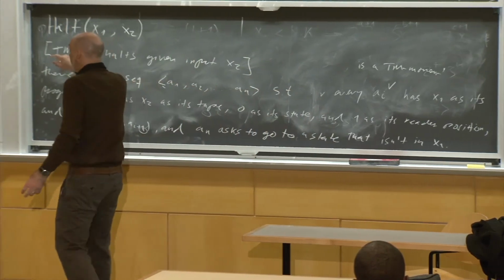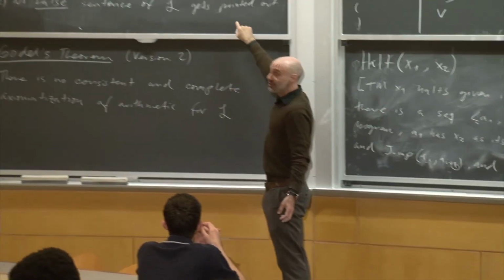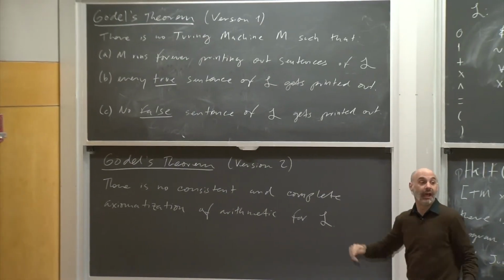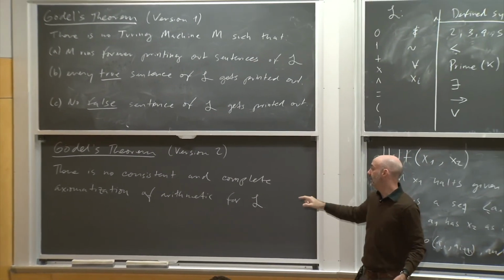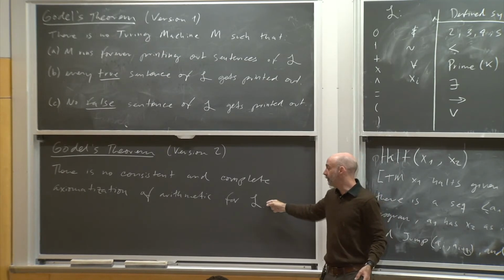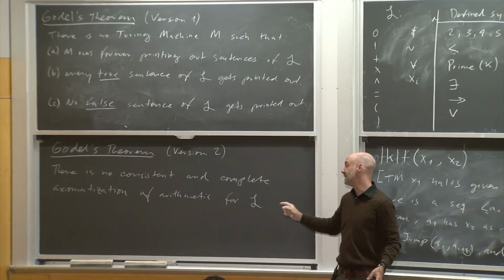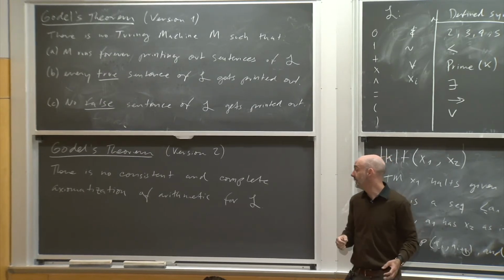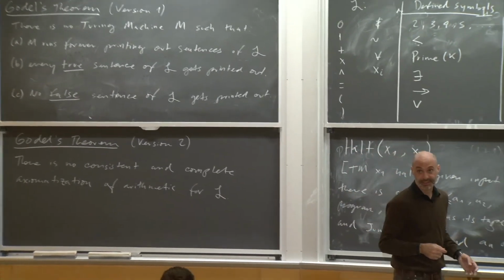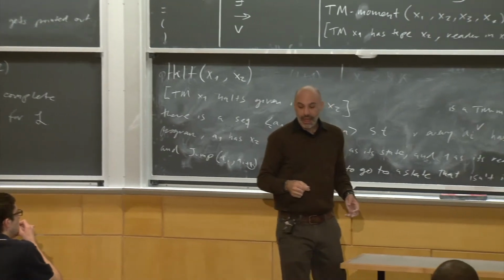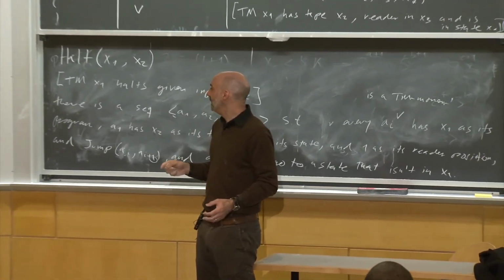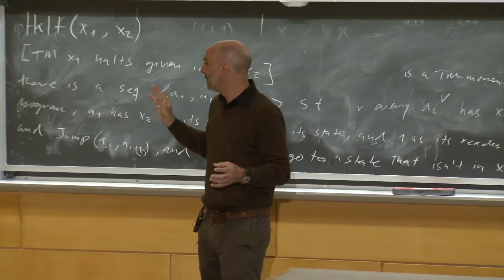Now, thinking of Turing machines in this way is a relatively recent thing. So what Gödel proved looks more like this. So it says that there's no consistent and complete axiomatization of arithmetic. Here's one way of understanding what that means.